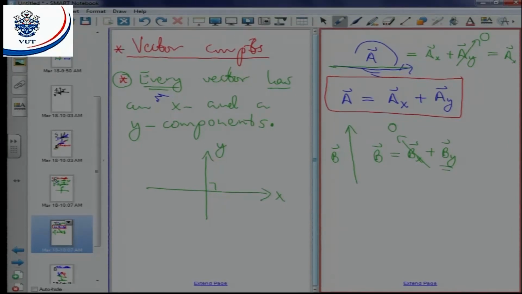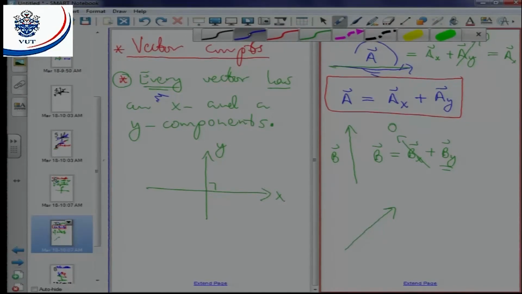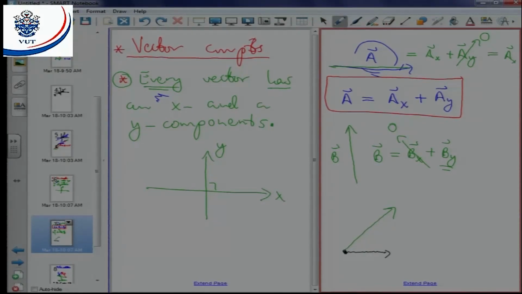Okay, but a general vector has both x and y, so an example is what I've just drawn, and the x component is the vector over there directed in the x direction. So you draw a vector from the starting point up to where your y-axis corresponds to the end point. That's your x contribution.